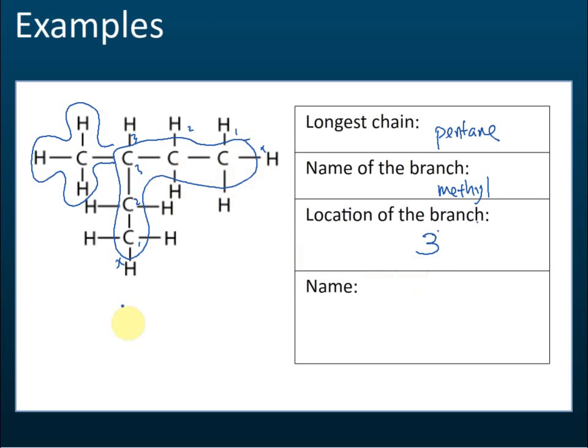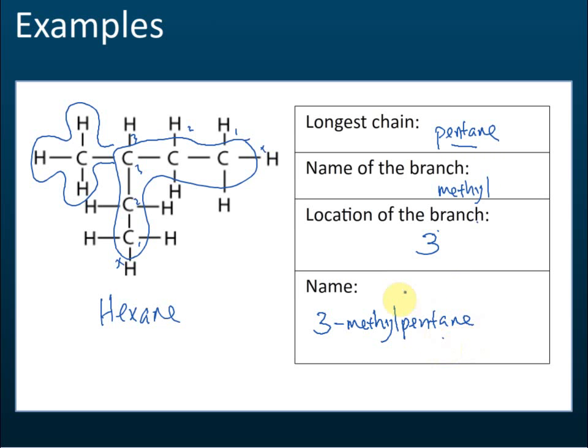The general name is hexane, because it has 6 carbons: 1, 2, 3, 4, 5, 6. So this is a hexane. But what's the IUPAC name? 3-methyl. Okay, that's good. But that's not yet complete, right? 3-methyl, and then we need to tell the name of the longest chain, pentane.